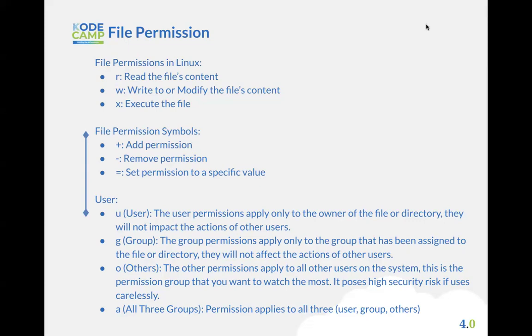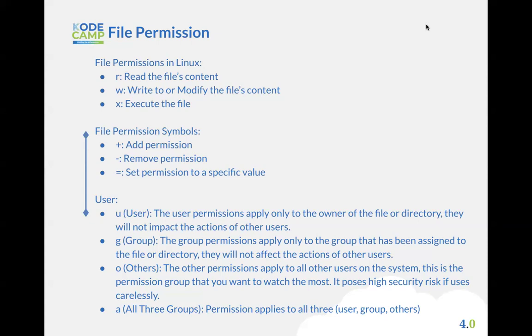If you want to add write access to a particular user or a particular group, you can add with the plus W to add write access. But if it already has read access and you want to change it to only write and execute, you can use the equal to symbol to change it to the specific type of permissions that you want, instead of just adding or removing.